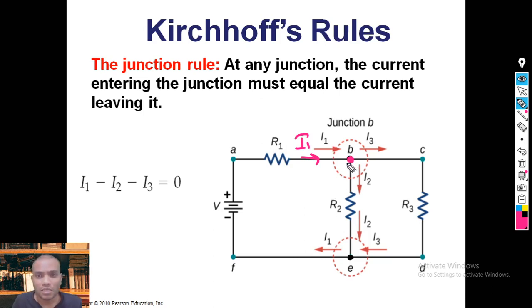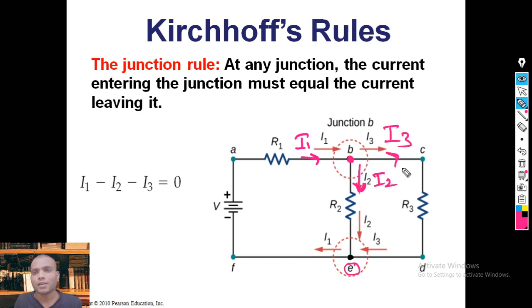So at junction B, it has two ways: one along B to C and one along B to E. The current flowing through B to E is considered as I2, and the current flowing through B to C is considered as I3. So at junction B, the current is divided as I2 and I3.